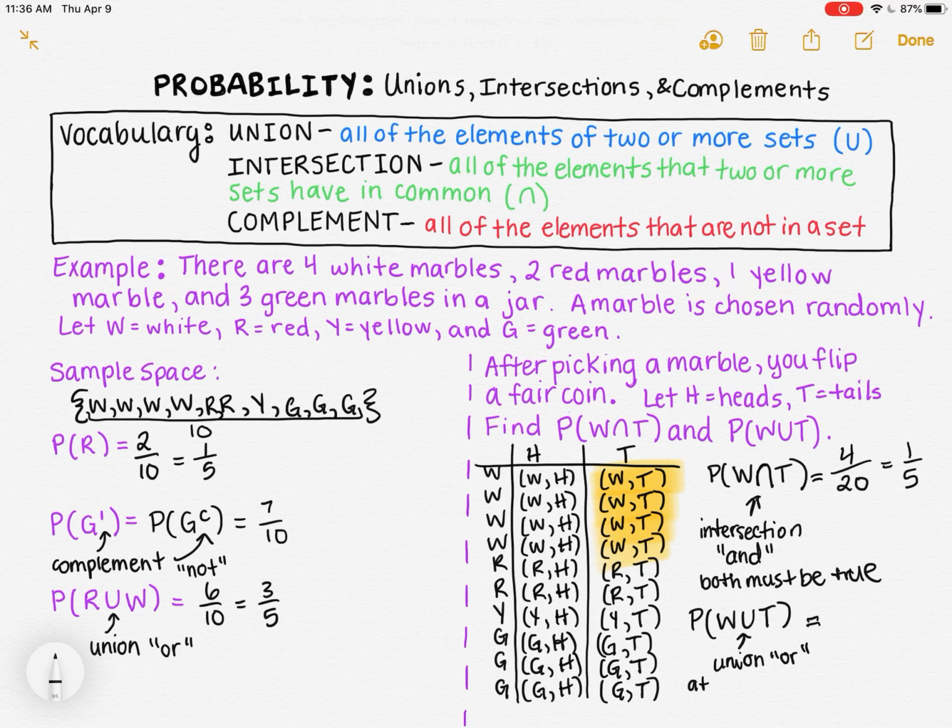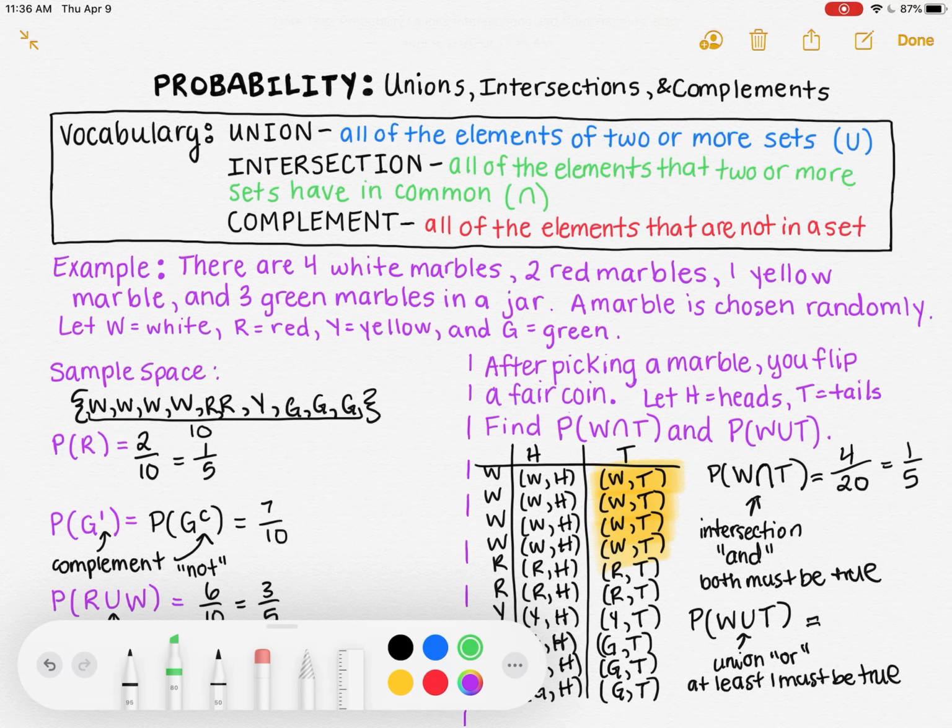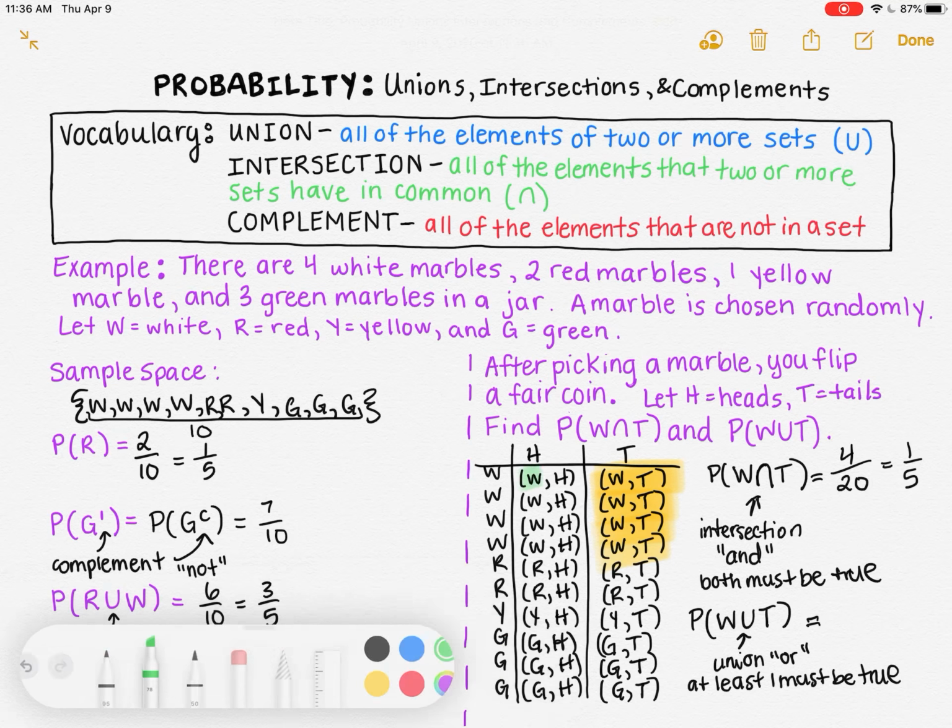So at least one must be true. I don't have to have both true, but I have to have at least one be true in my chart. So I'm basically just going to go into my chart and look for every time I see either the W or the T.